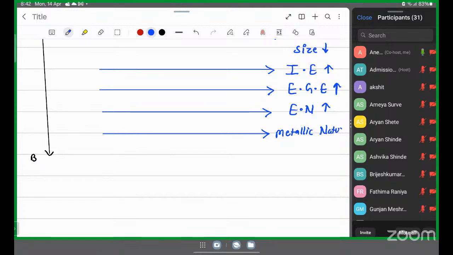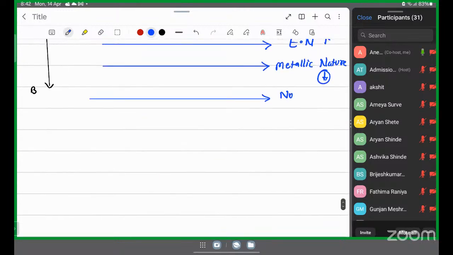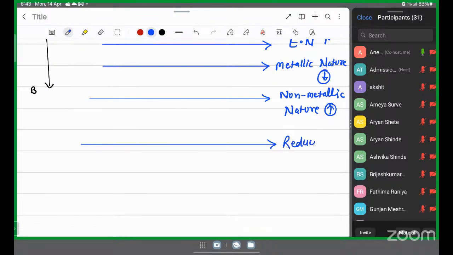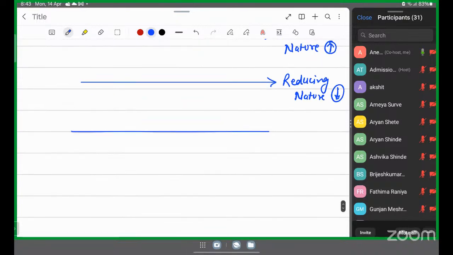It means non-metallic nature will be in increasing order, which again implies that reducing nature left to right will decrease, but oxidizing nature will increase. Understood or any doubt?